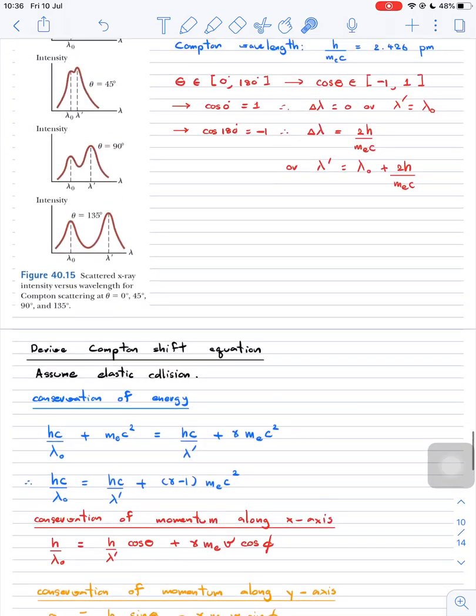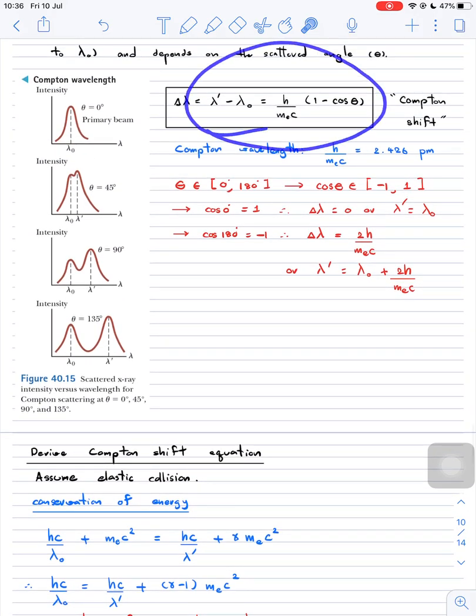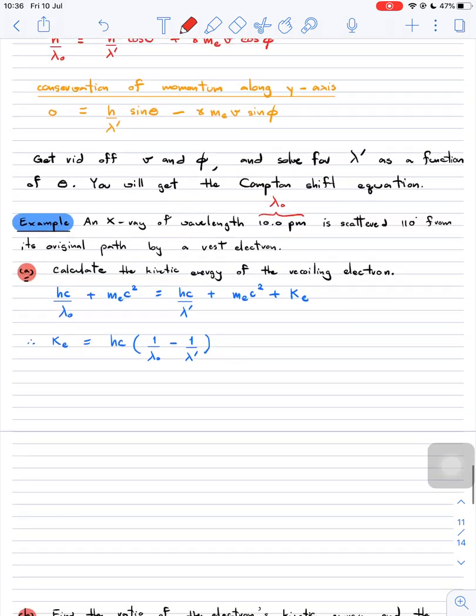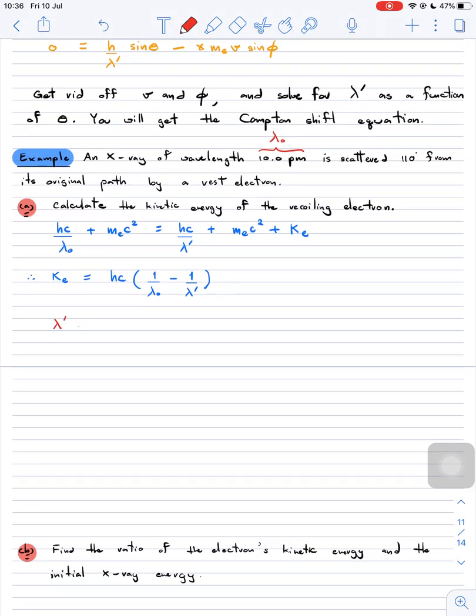From this equation, lambda prime is equal to lambda naught plus the Compton wavelength.